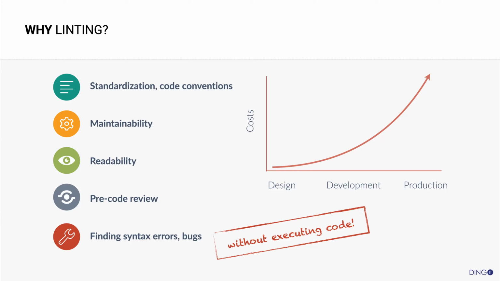If you find a bug in production code, the costs are much higher to solve that. But if you find a bug while you're typing or writing the code of the application, the cost is much lower. So this is why we lint, because it can find potential bugs at a very early stage. If you already find it there, you don't even have to check it in and run it.